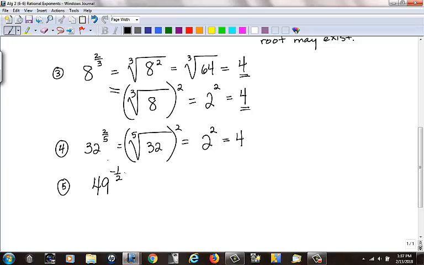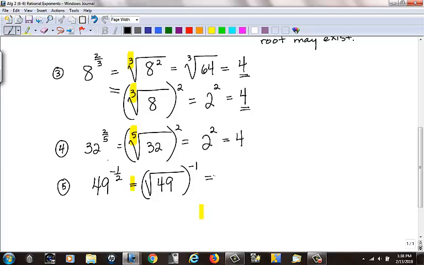power. Now, if you have a negative rational exponent, that negative sign has got to go up with the numerator, because you're never, ever going to have a negative index. This part, this is what I'm calling the index, that's never going to be negative. So on this one, you're going to say it's the square root of 49, and that's to the negative 1 power.